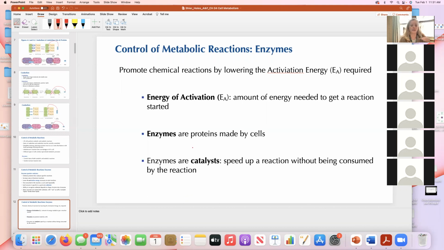Okay, in the words of Pink. Enzymes are going to be these proteins made by the cell, and usually they'll work by maybe holding the two reactants close together to make the reaction more likely to take place.